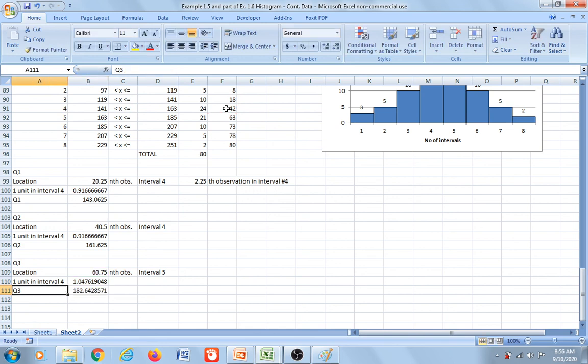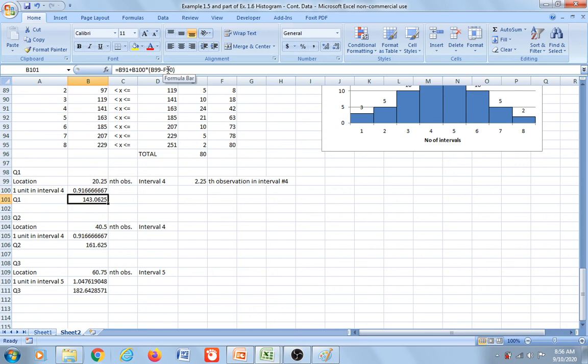Okay, so that is it. So it should be 5 here. Okay, Q3 location, interval 5. Okay, I think we are good.